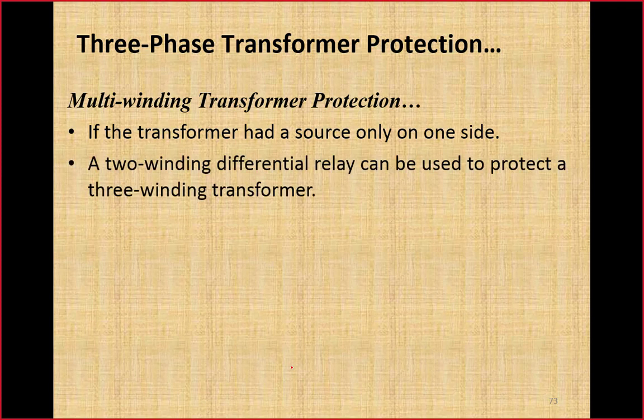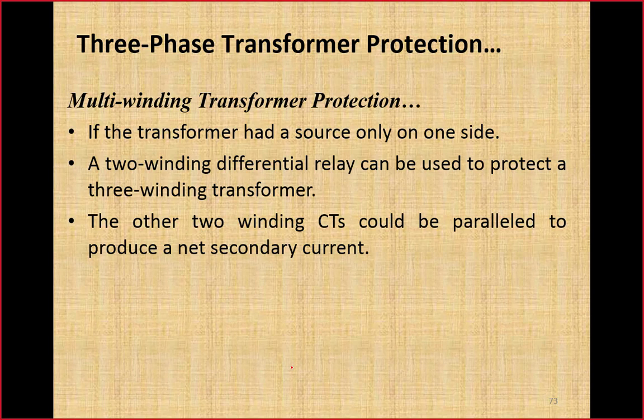A two winding differential relay can be used to protect a three winding transformer. So means we can use a differential relay which has only two retaining coils that we had used for two winding three phase transformer. The two other winding CTs could be first parallel, and then their parallel combination can be connected to one of the retaining coil.